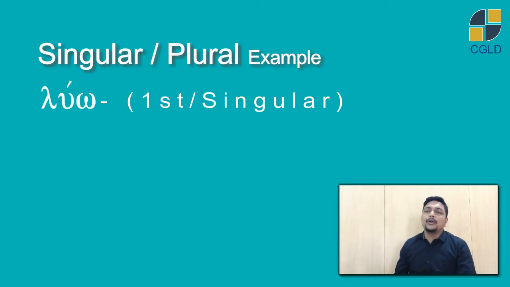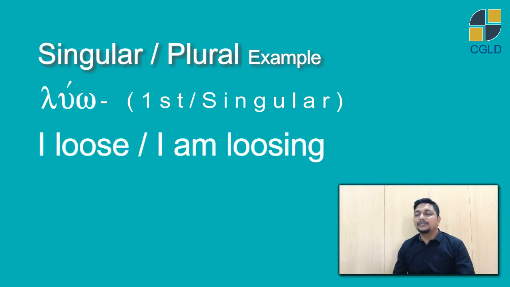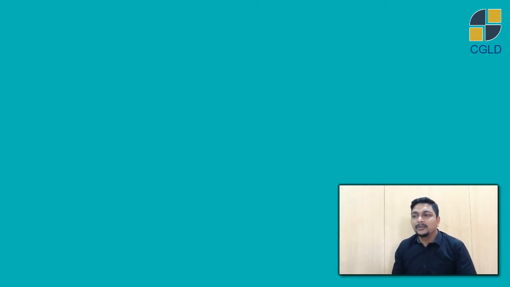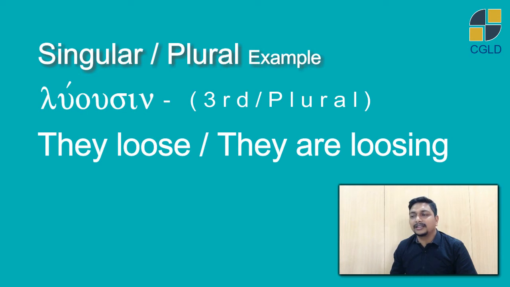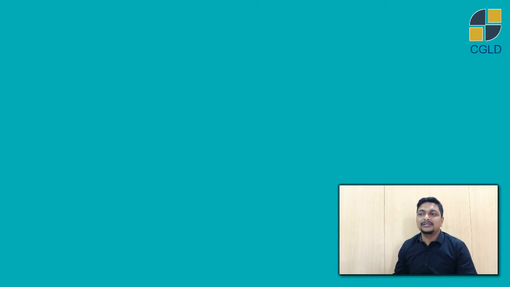The word luo, which is in first person singular number, means I lose or I am losing, as we have already read earlier. But the same word, when it appears in third person plural, changes its form. It becomes luusin, which means they lose or they are losing. So you see these two sentences.